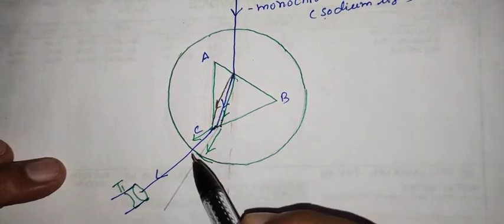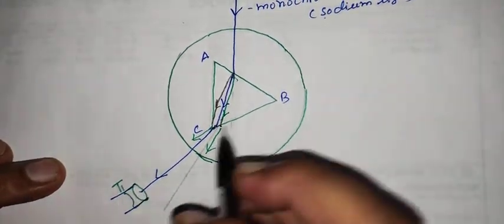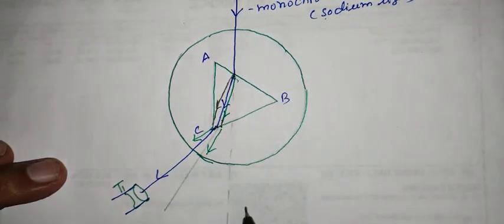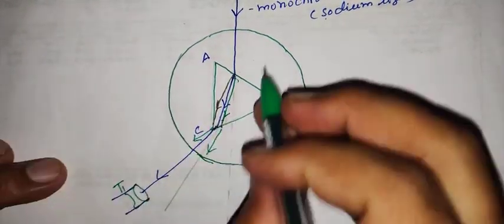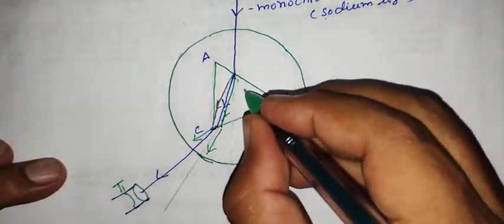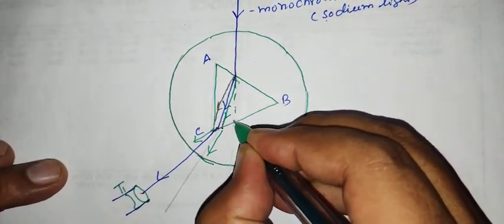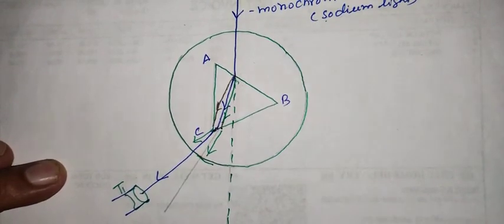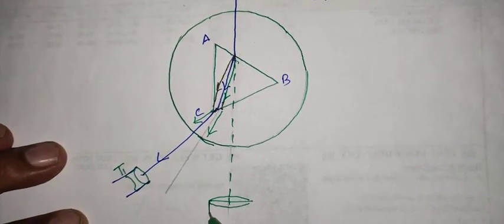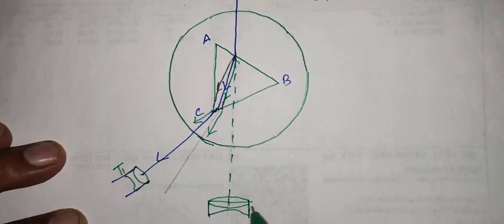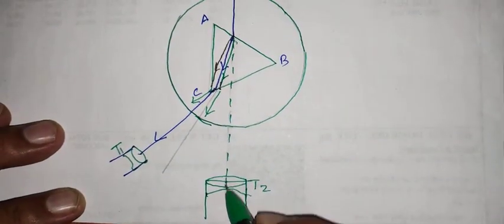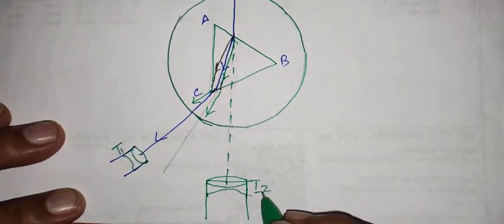What is done? In this part of the experiment, the prism is not present. In the absence of the prism, the telescope is moved here in a line, in such a way that it is in the line of the monochromatic light, and a clear-cut image of the cross slit can be seen through the telescope at this position.